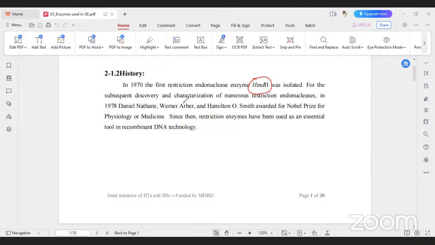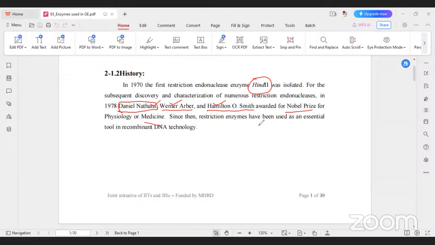For the subsequent discovery and characterization of numerous restriction endonucleases, Daniel Nathans, Werner Arber, and Hamilton O. Smith were awarded the Nobel Prize for Physiology or Medicine in 1978.